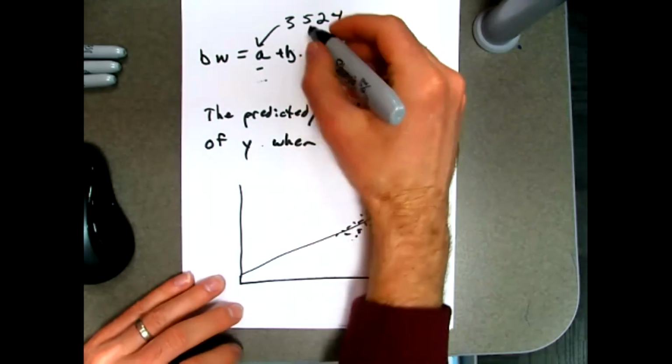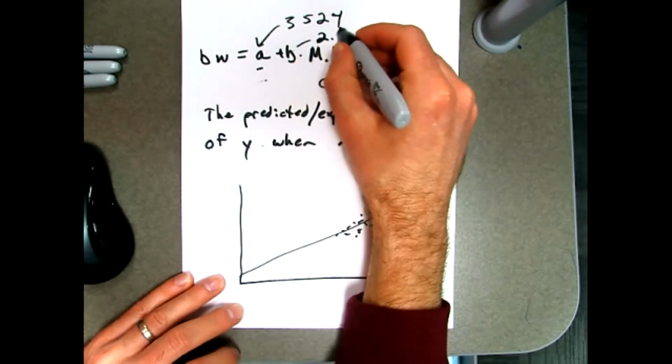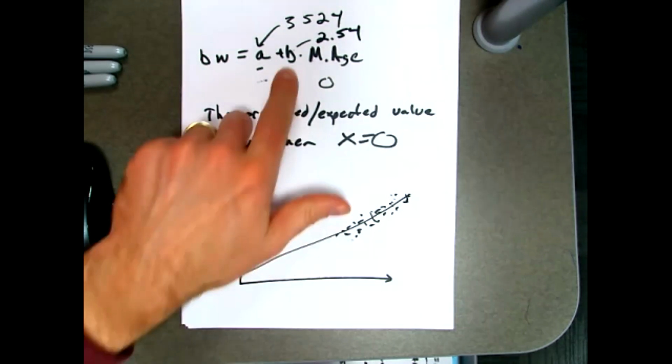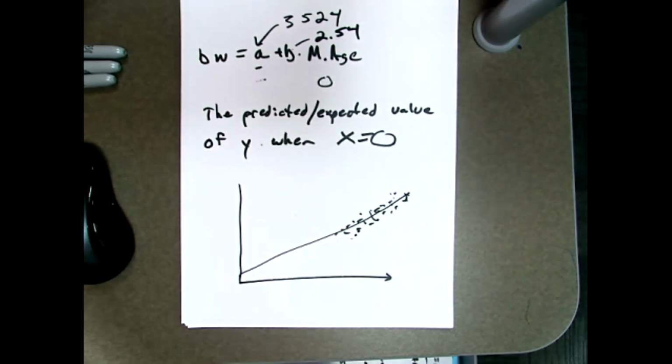I think the next problem says something like, assume that you find the slope coefficient is 2.54. So the next question doesn't ask you to interpret that, but if we wanted to, how would I interpret that slope coefficient of 2.54 on mother's age?